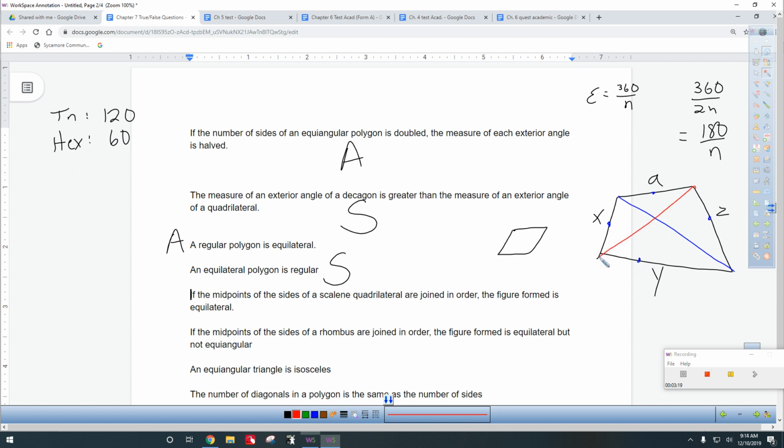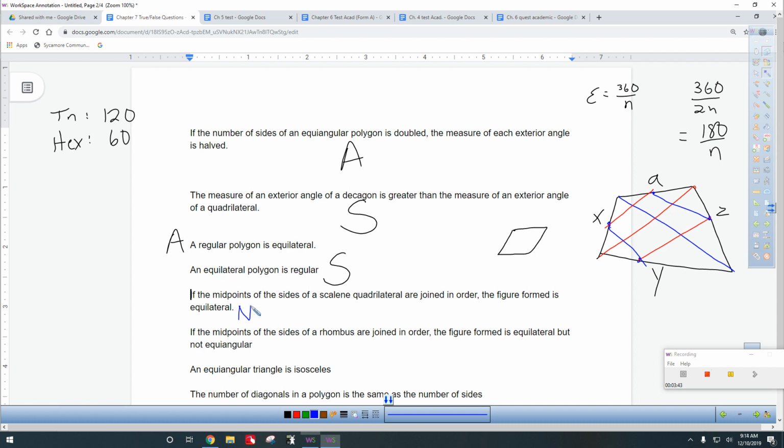No. If the diagonals are congruent, it's got to either be a rectangle or an isosceles trapezoid. So then when I connect the mid-segments, these two will be congruent, and those two will be congruent, but they're not all going to be congruent. So I think this is never.